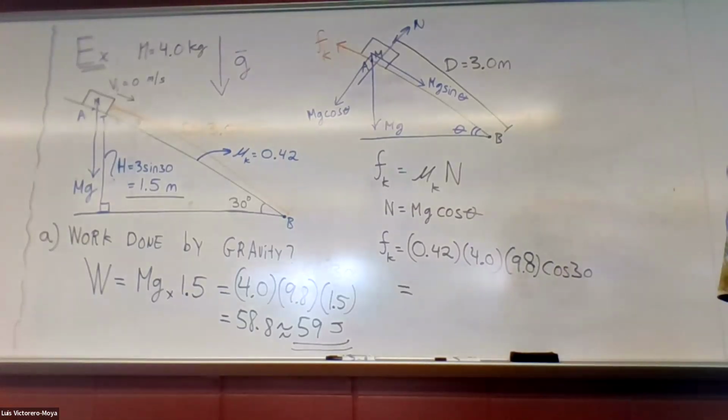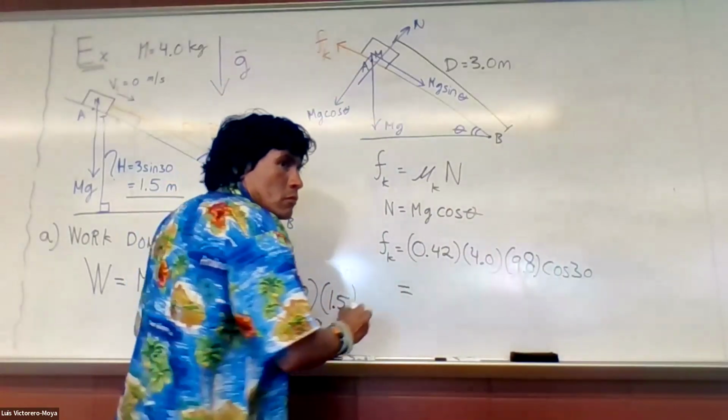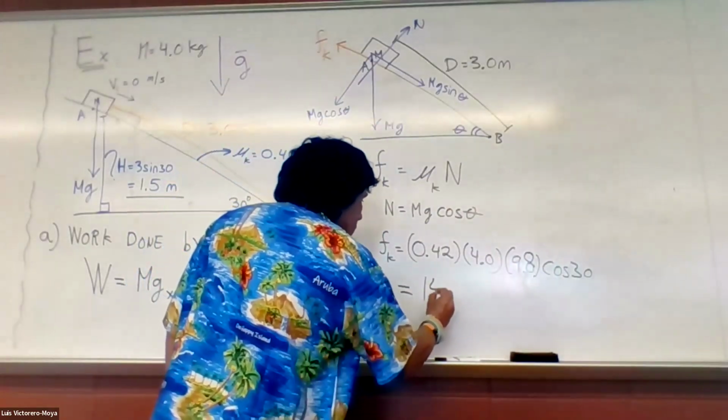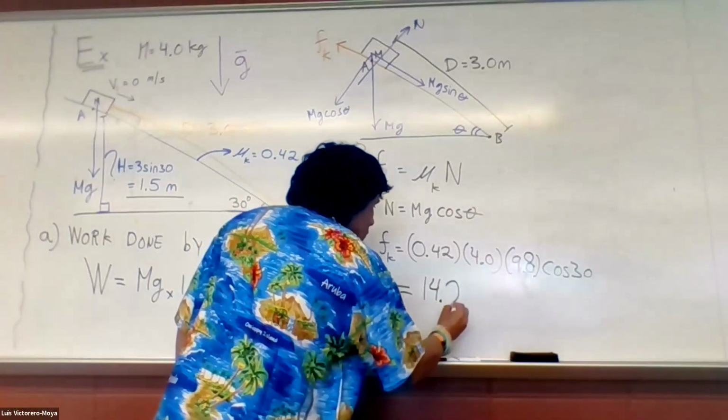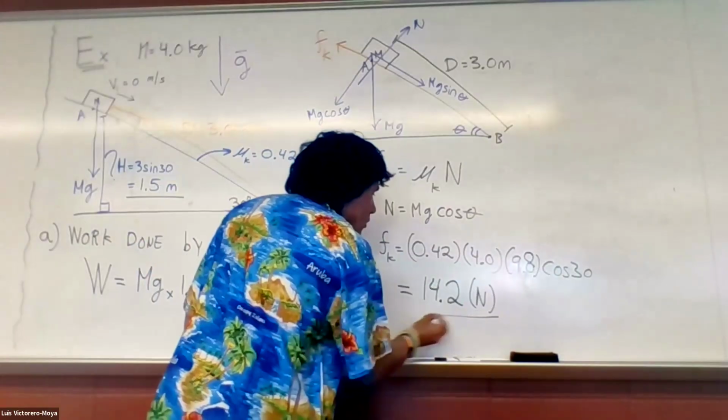So 0.42 times mg times cosine 30 gives about 14.2 newtons.